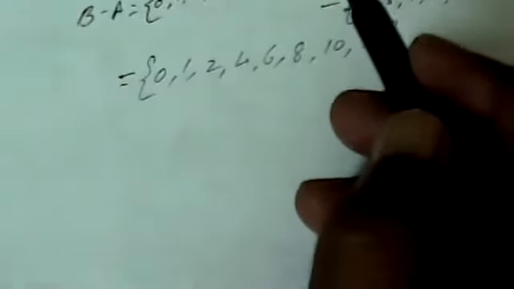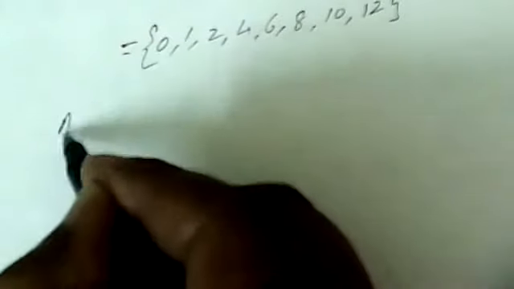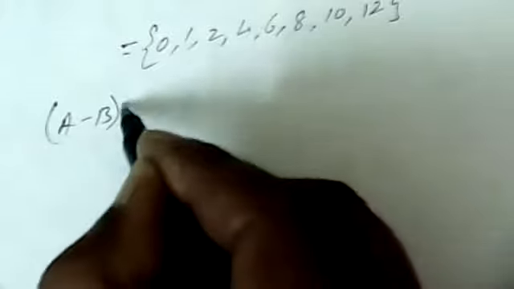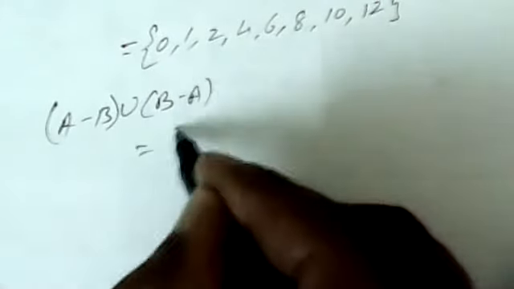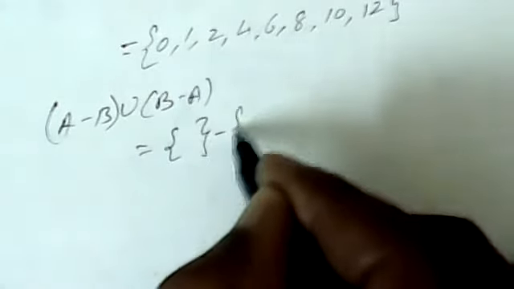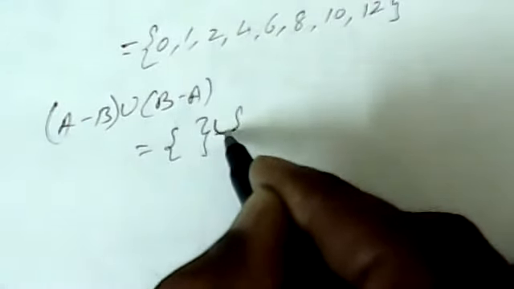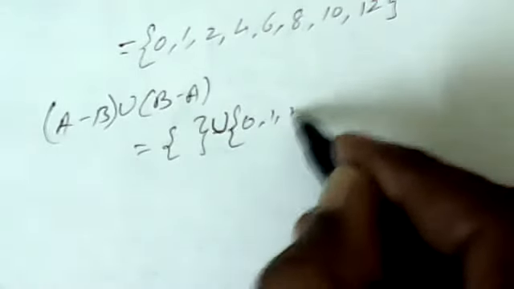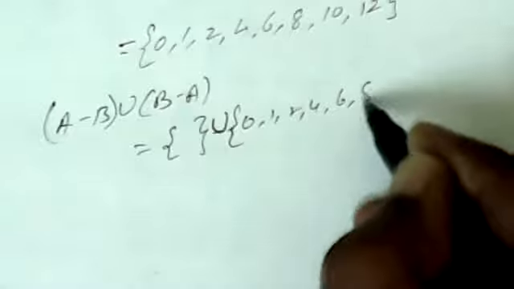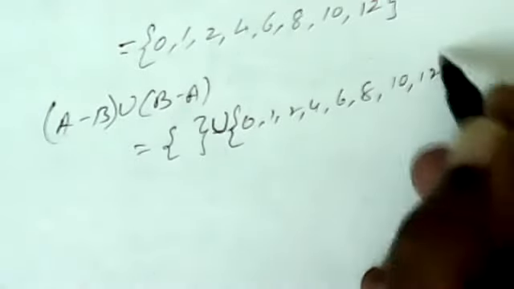Now we want A minus B union B minus A. So let us find out A minus B union B minus A. It equals the empty set union 0, 1, 2, 4, 6, 8, 10, 12.